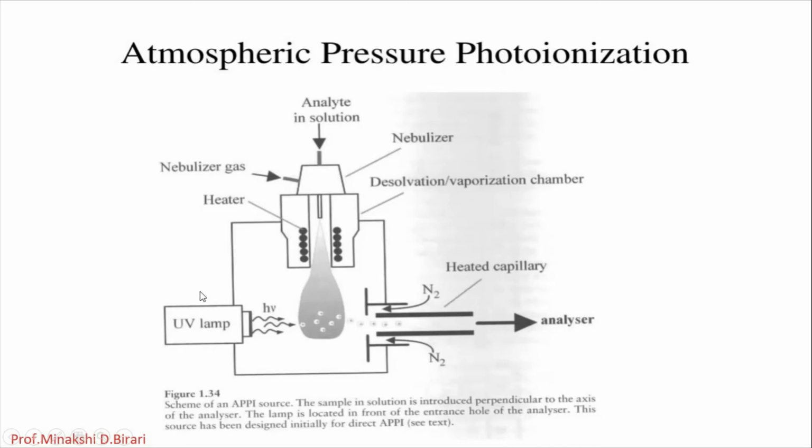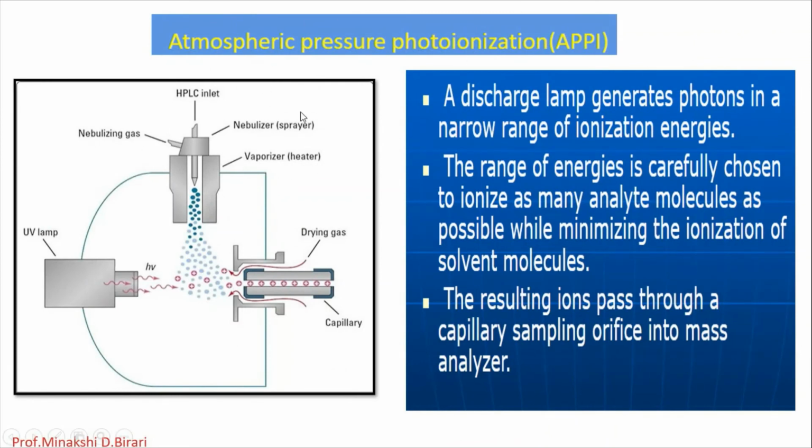Here, the ultraviolet rays emitted from the krypton lamp photoionize the vapor of analyte and sample. The photoionization takes place by three different mechanisms: direct APPI, indirect APPI and dopant APPI.